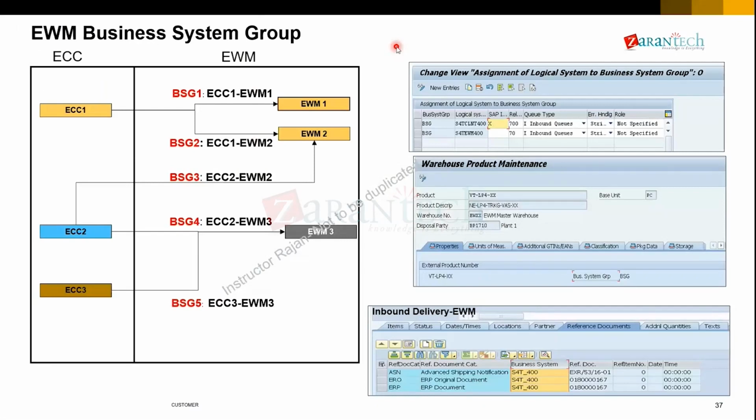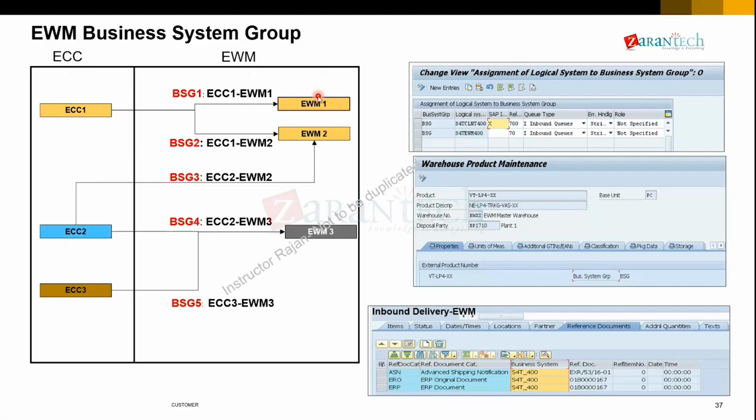No idea. Okay. So here, assuming multiple ECC can point to one EWM. See here, multiple ECC pointing to one EWM, or the other way around, one ECC pointing to multiple EWM. So both scenarios are possible. This is applicable for decentral, right? It's not applicable for embedded.